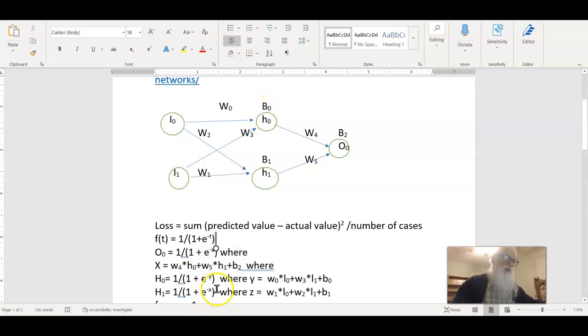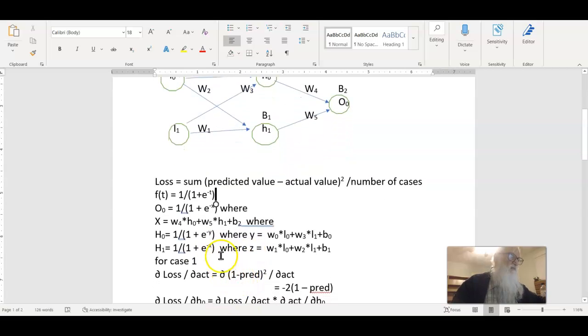And the same way here, where I should have used Z, you have Z equal W1 times L1 plus W2 times L0. I have to be careful of this. It's W1 times L1, pardon me, and W2 times L0.